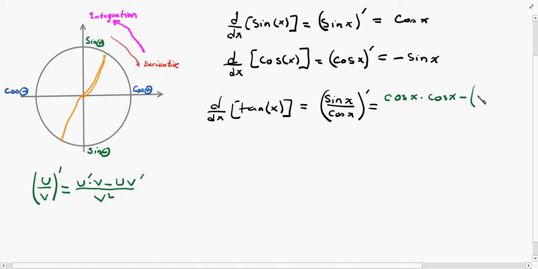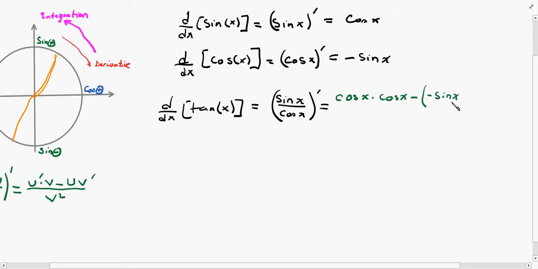We put a parenthesis, minus sine of x, times u, which is also the sine of x, and the whole thing divided by the cosine to the power of 2 of x.